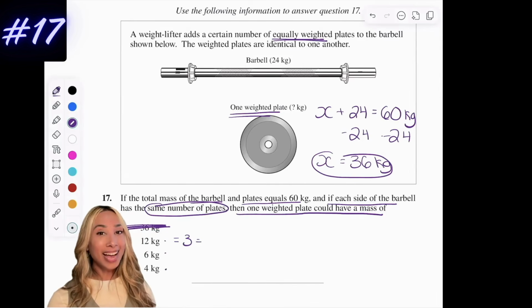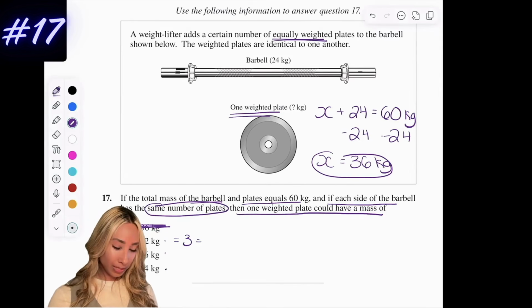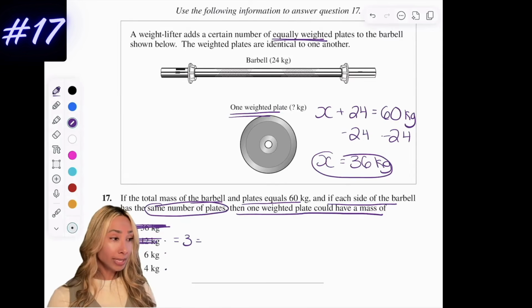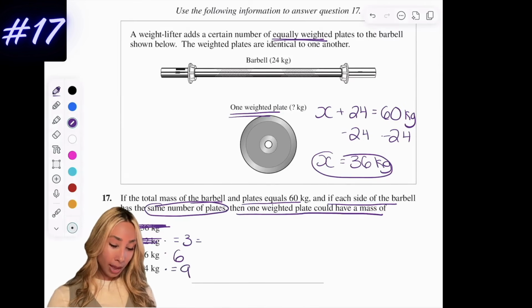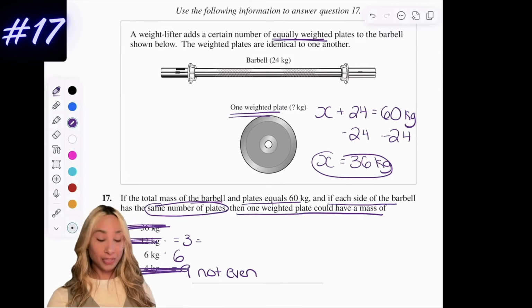That wouldn't work because again, it has to be equal. So that's not an option. 36 divided by 6, that does work. That's going to tell me that there are 6 plates. That is a good option. 36 divided by 4 is going to get me to 9. Again, that's not even, so that's not going to work. So that's definitely not an option. So our answer for this one is C.